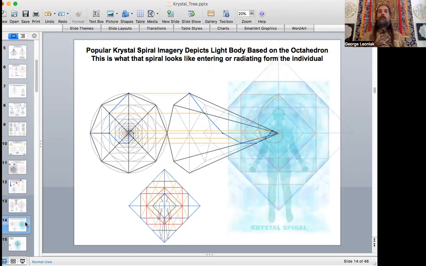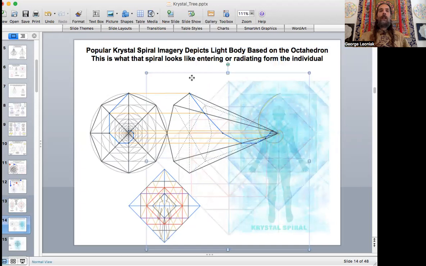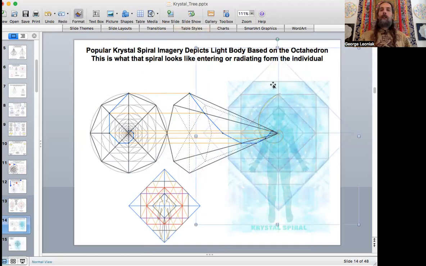All right, so we have this popular crystal spiral imagery on the right that I pulled off the web, and I've overlaid the drawing that I just showed you previously. You could see it. I'm just pulling it away, and I've shaded it a little bit. So that overlay is just showing you the square within square. Here it is again on the bottom.